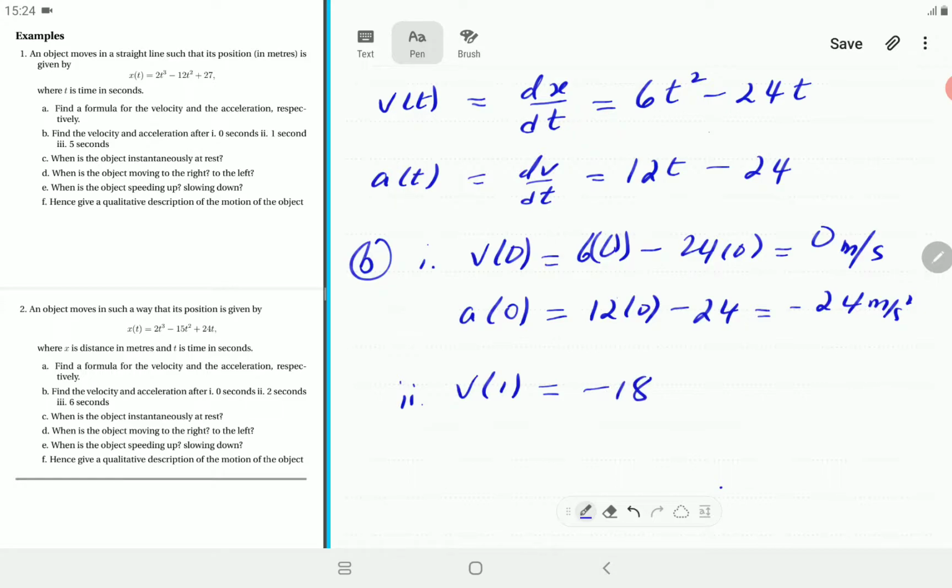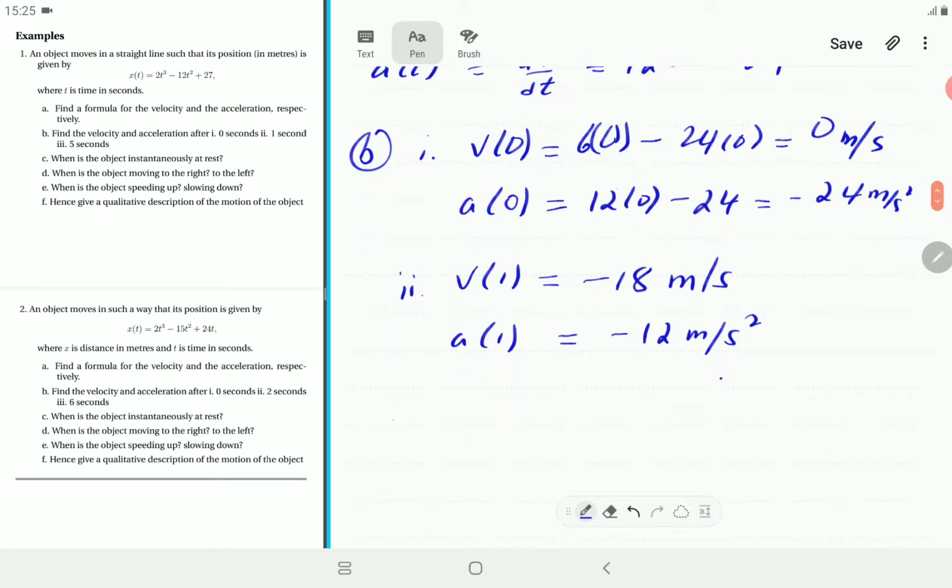So that means after 1 second, the velocity of this object is going to be negative 18 meters per second. Okay, then the acceleration, on the other hand, after 1 second is going to be 12 minus 24, so it's going to be negative 12 meters per second squared.